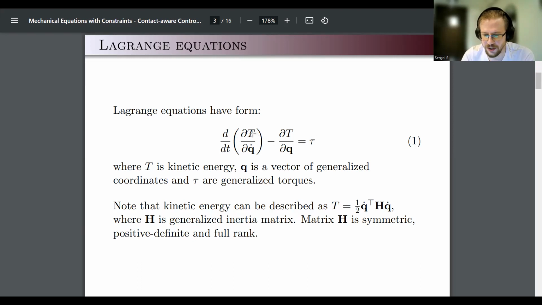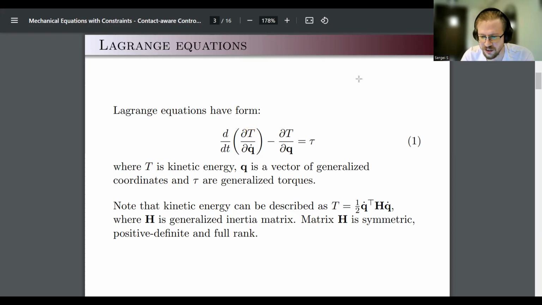You could see it as an operator that acts on kinetic energy. You take a function and take its derivative with respect to the generalized coordinates, put a minus sign, take the time derivative of the partial derivative with respect to velocities, and so on. There are different ways to look at it.